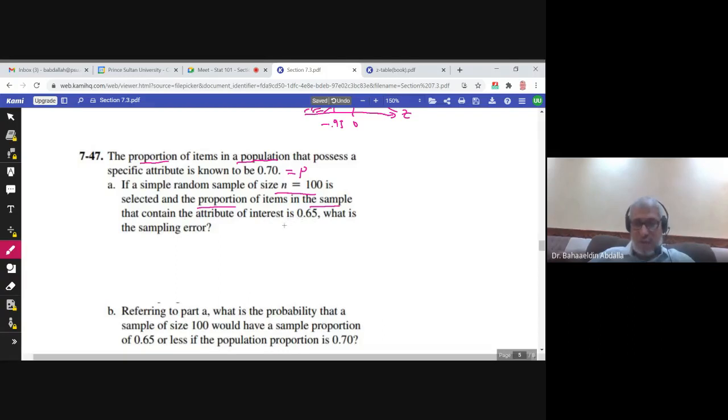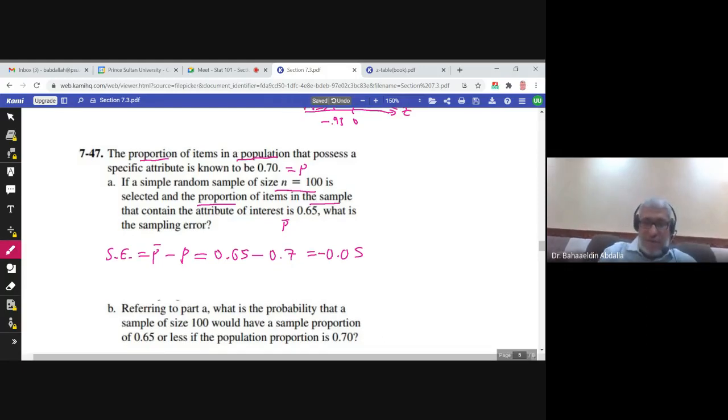So 0.65 is P bar. Okay, what is the sampling error? Well, the sampling error is P bar minus P. So it's 0.65 minus 0.7. So it is negative 0.05.